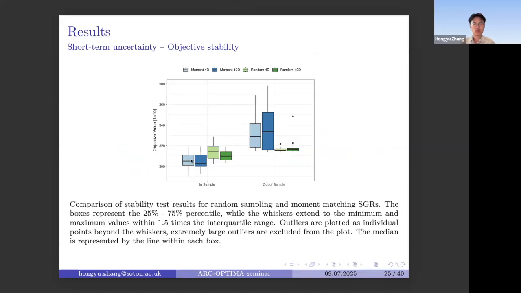First of all, the two blue parts are the results from moment matching, and the green parts are the results from random sampling. What we find quite surprising is that, as you can see, moment matching is actually less stable, especially out of sample, than random sampling. This is very surprising, but we observe this kind of behavior in some other studies as well. So I think some more investigation is to be done along this line.